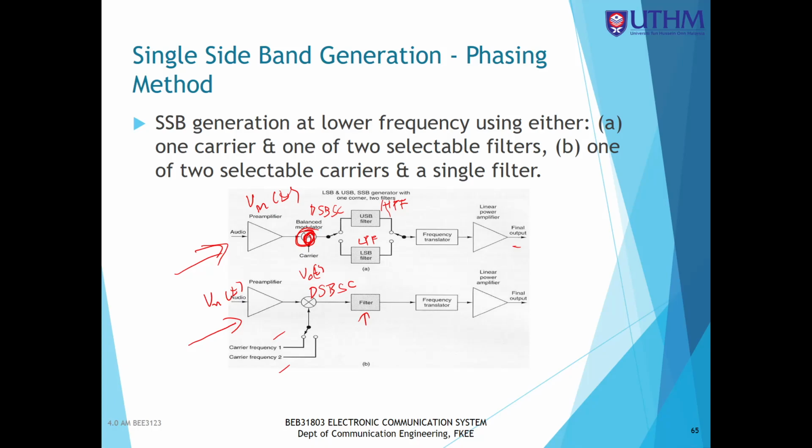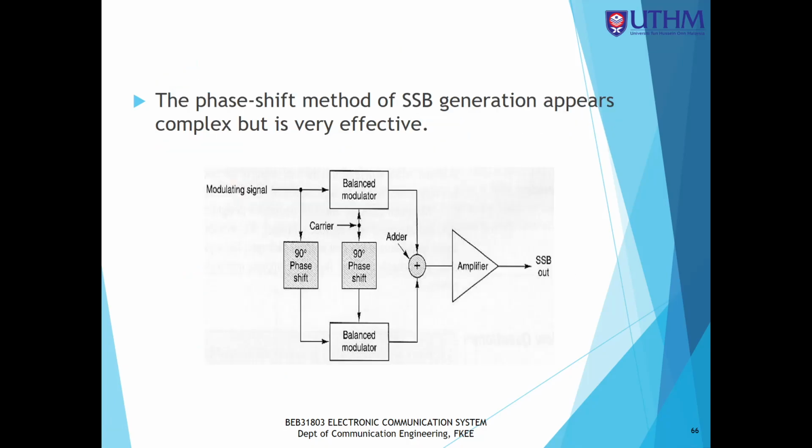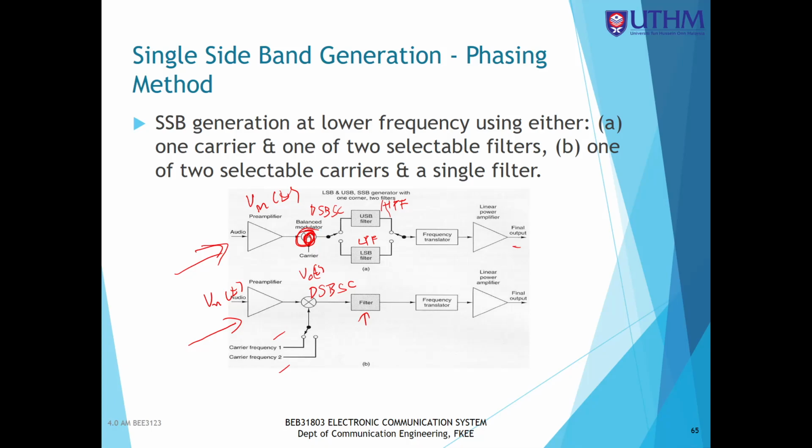The filter is going to choose which sideband we want, either low pass filter or high pass filter, and then the signal goes to the frequency translator, is amplified, and then transmitted. So this is based on the filter method.